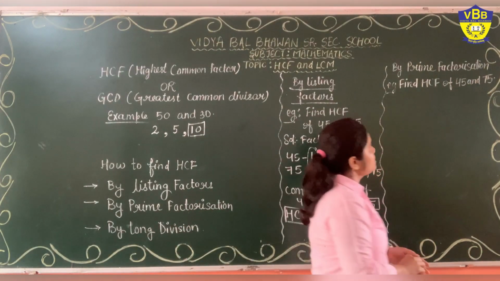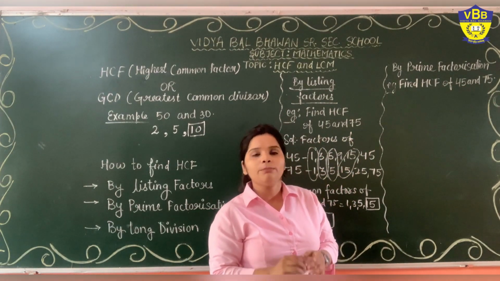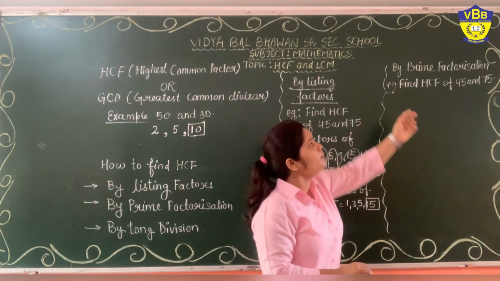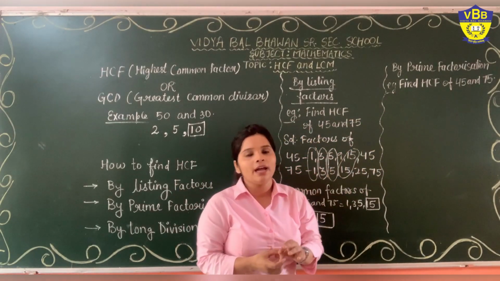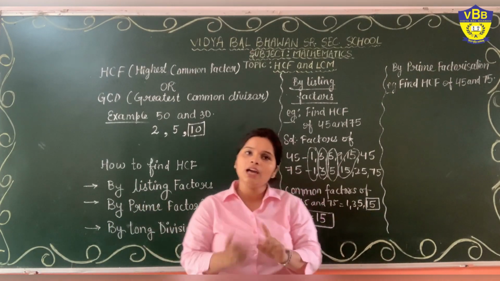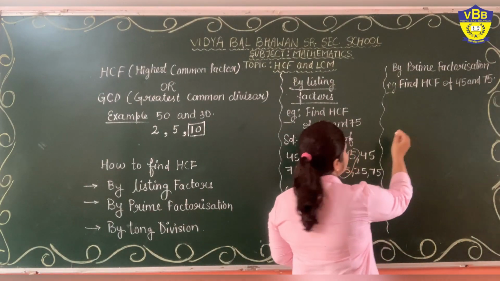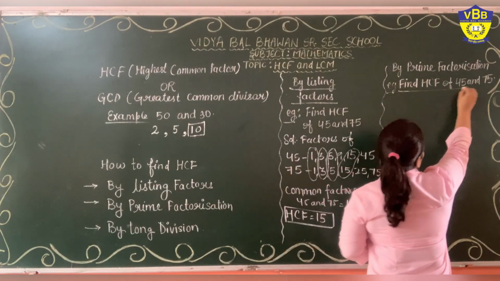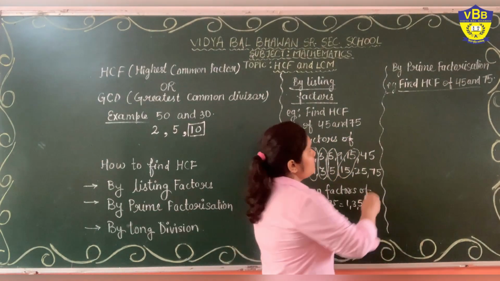Let's understand how to find the HCF using prime factorization with the same example. This will show you that you can use any of these three methods, the answer will be the same.